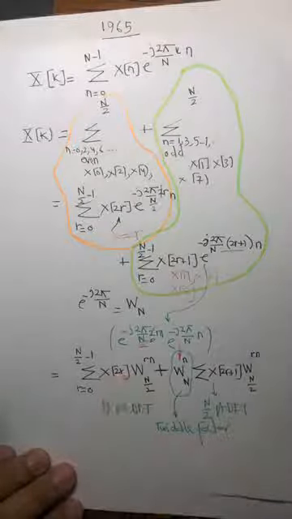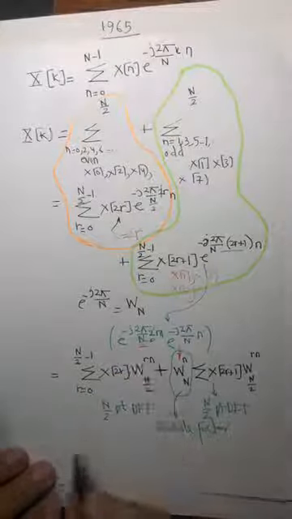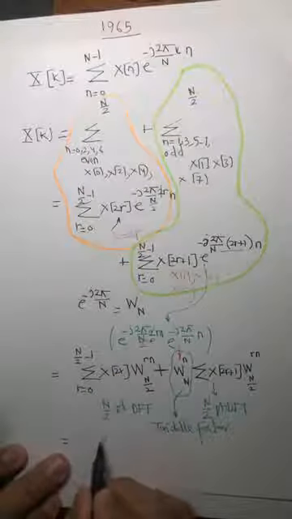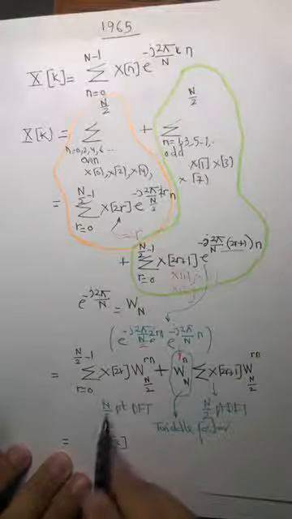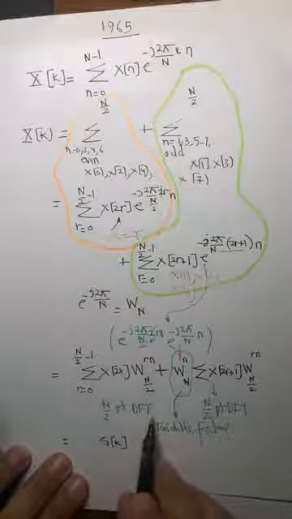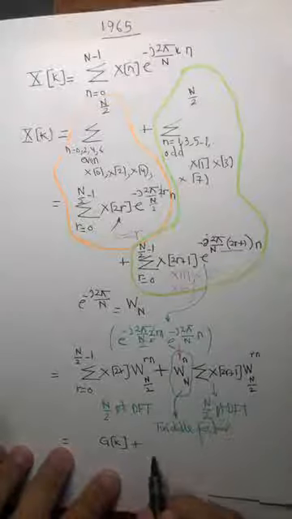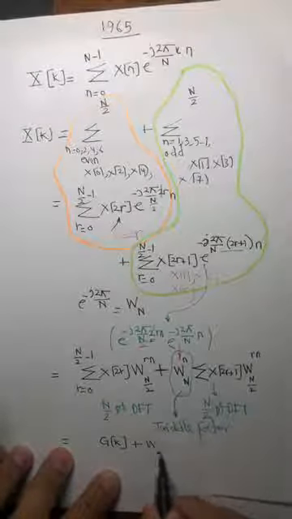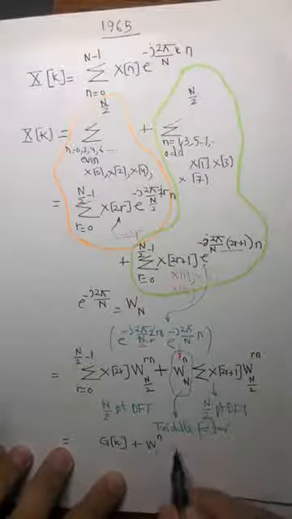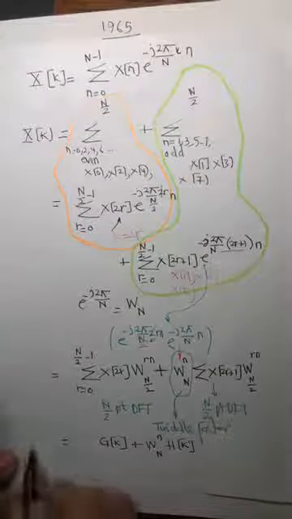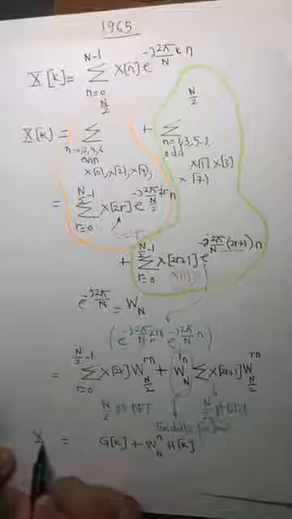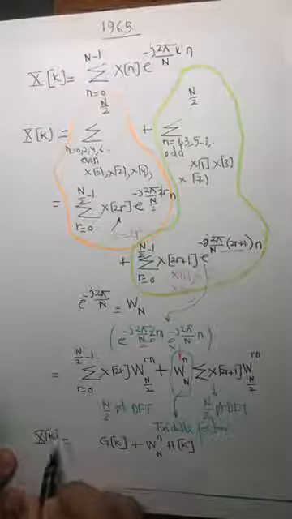So this part of the DFT, let's call this G of k, which is an n by 2 point DFT, and this part of the DFT is H of k, and this is X of k.